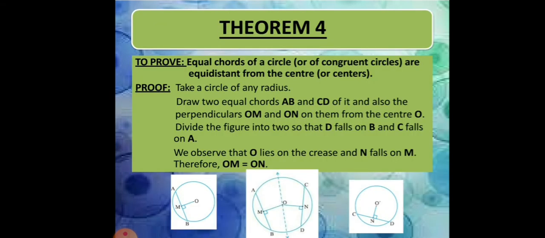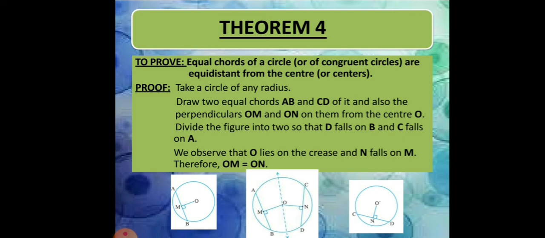Now the next, theorem 4. We have to prove that equal chords of a circle are equidistant from the center. So let's start the proof. Take a circle of any radius. Draw two equal chords AB and CD of it and also the perpendiculars OM and ON on them from the center.